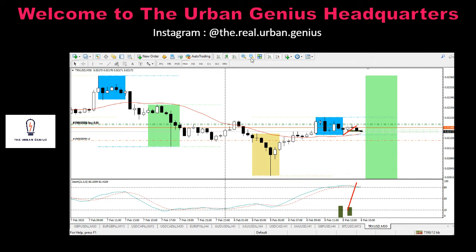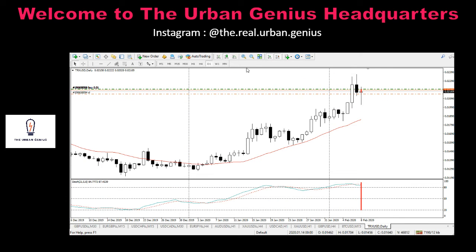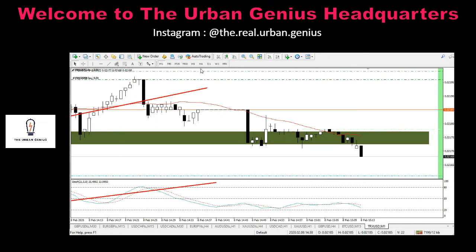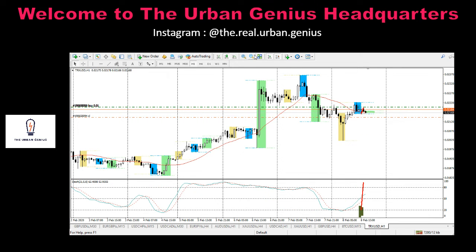Remember how we see price above this moving average. Remember, we're looking for buys at the open of new candles. Same with the hour, the 4 hour, and the daily. So we are actually in a very, very prime area for another entry.